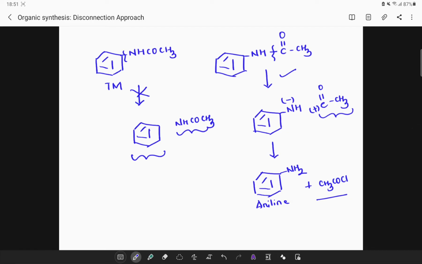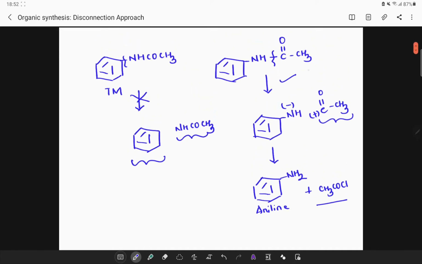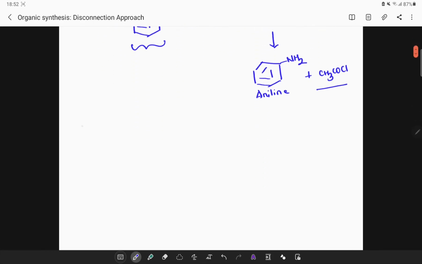This is how, if a target molecule is given to me, by my understanding of organic chemistry reactions and all the reagents, I can design a synthesis. Acetanilide was my target molecule, but I designed the synthesis in such a way that aniline, which is my starting material, plus acetyl chloride gives me acetanilide.